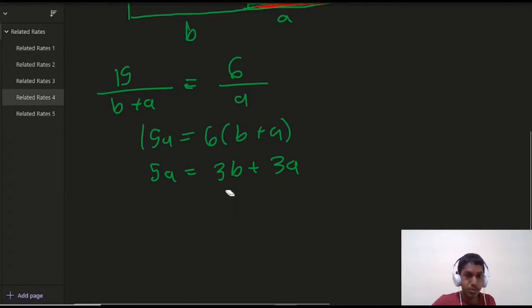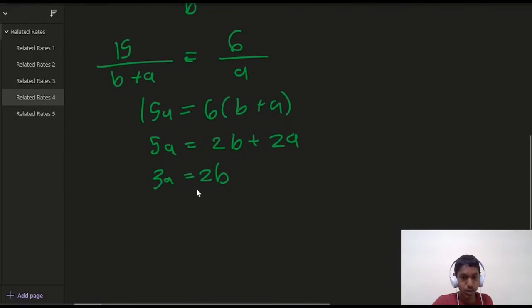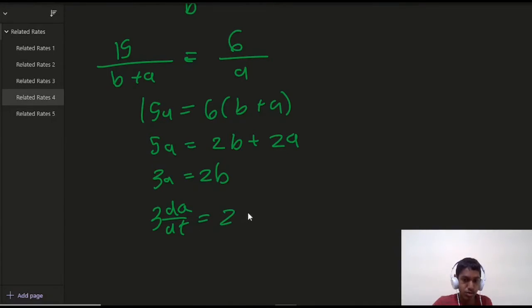Oh, that should be a 2. Okay, and now we're going to subtract 2A. Okay, cool. So we've got a relationship between A and B. So now we just differentiate. So 3 dA/dt equals 2 dB/dt.